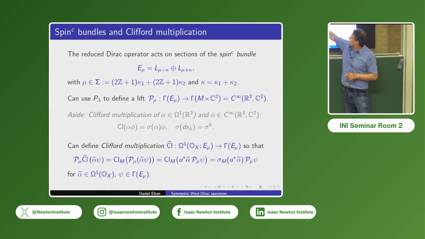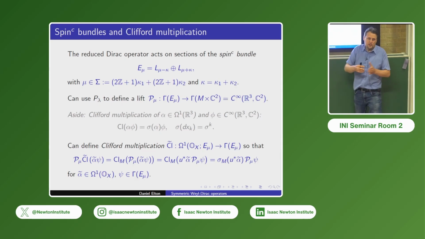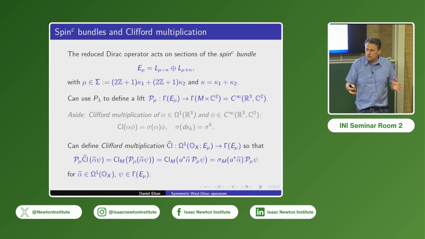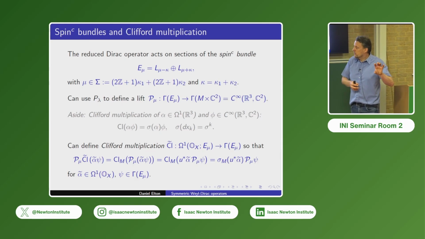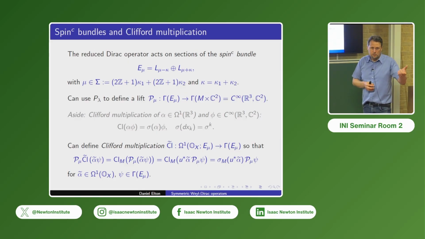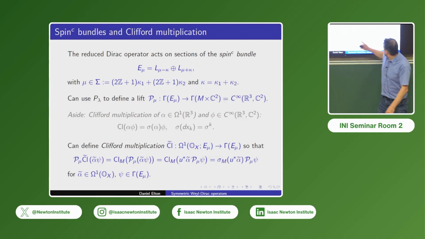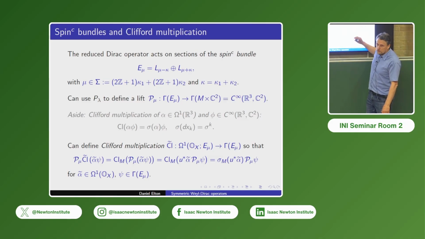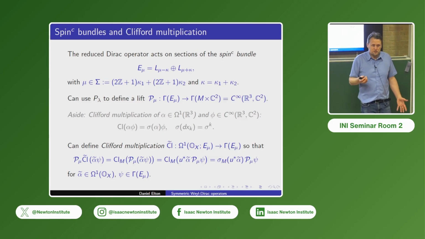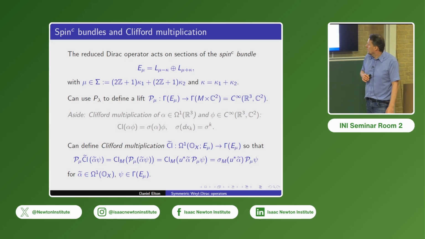So the basic 1-forms just become, in R3 at least, the basic Pauli matrices. Linearity gives you the Pauli matrix for any 1-form. And then that's a 2 by 2 matrix, which acts on that spinor. So multiply the corresponding matrix against the spinor. That's Clifford multiplication in a nutshell, at least in R3.